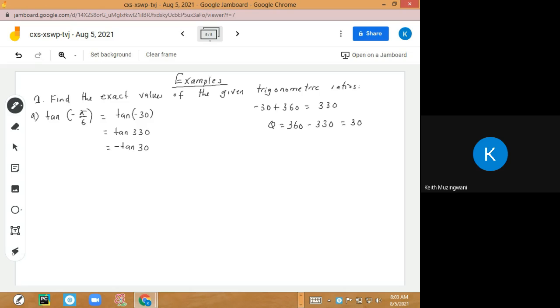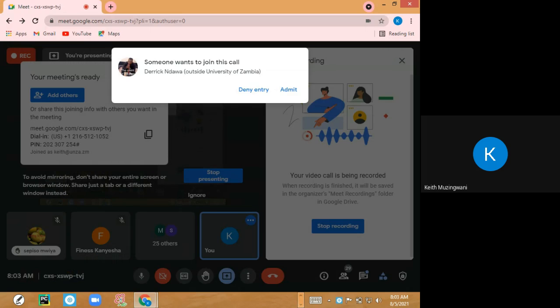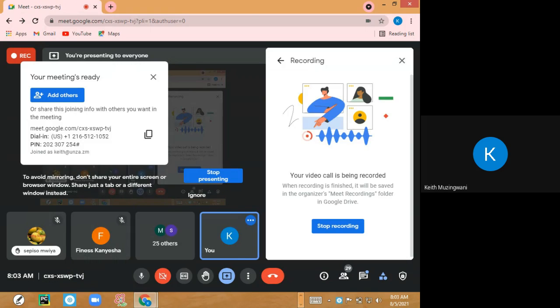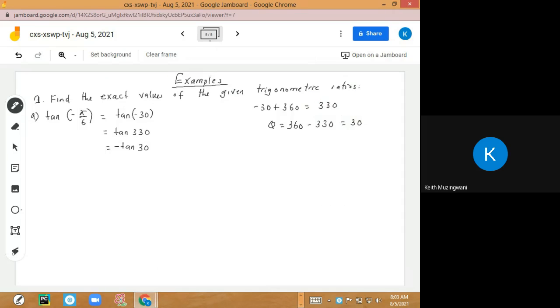So I look at the coterminal angle that I want to use in place of a negative and say, okay, the coterminal I have is in the fourth quadrant where tan is negative. So as I switch from the coterminal to a reference, I must go with the sign of the quadrant. So what does that mean? I have to switch.